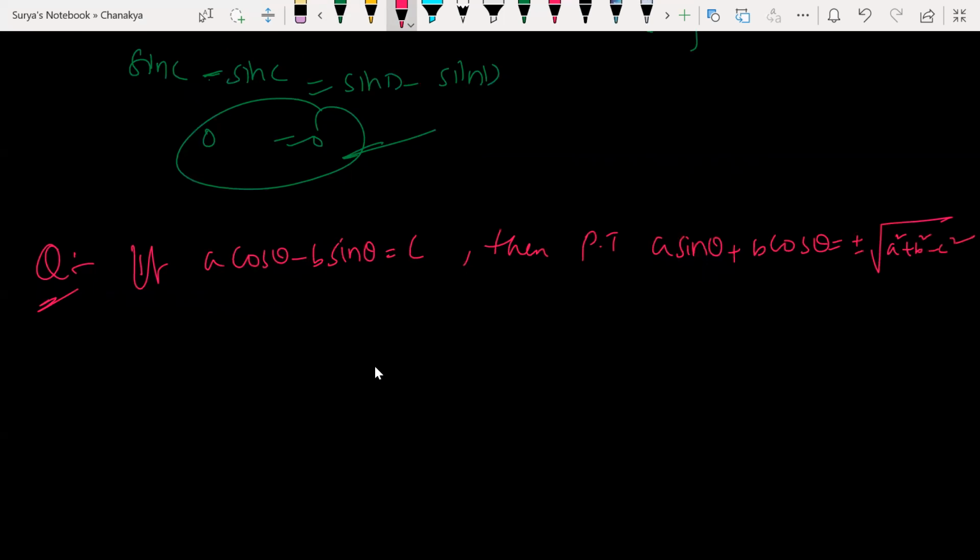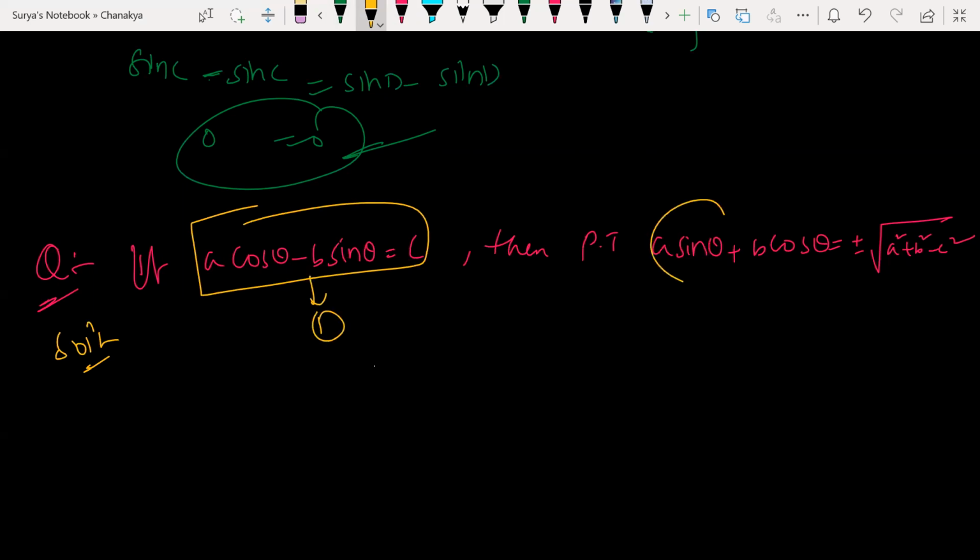Come on, how can we do this? Very simple. Guys, this is equal to this, given. Let us take this as equation number 1.